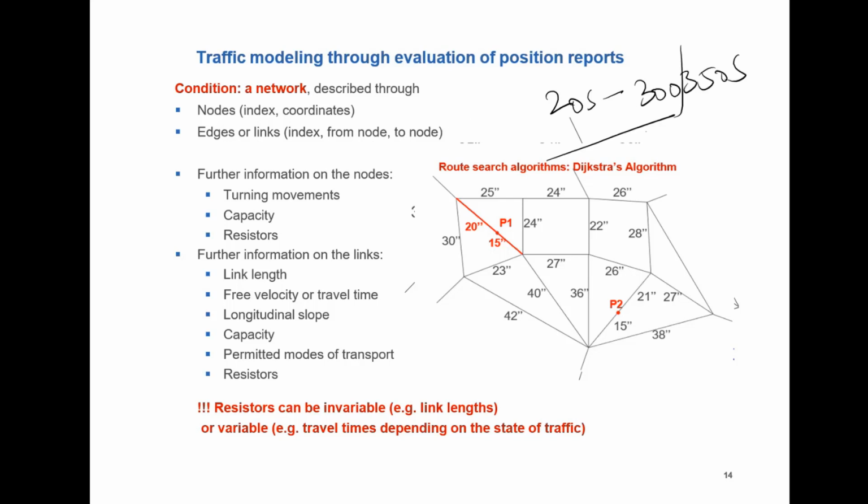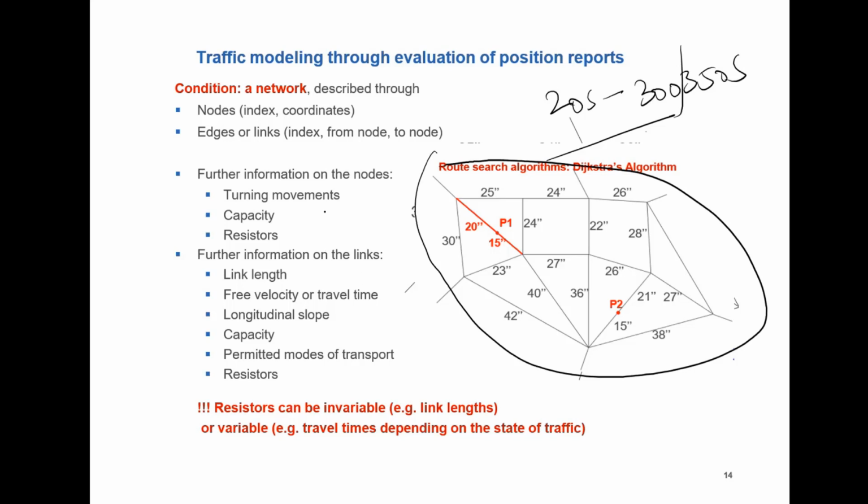Then we process that data to determine the route section through which we should travel. This is a typical example which we identify.